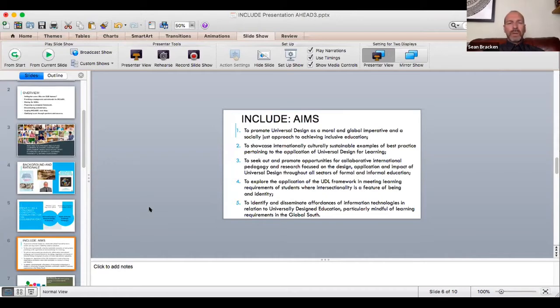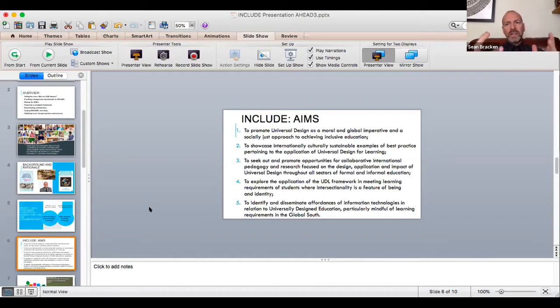So what are our aims? And these were shared with colleagues at the 4th Universal Design for Learning Pan-Canadian Conference in October of last year. So our aims were to promote universal design as a moral and global imperative and a socially just approach to achieving inclusive education, to showcase internationally culturally sustainable examples of best practice pertaining to the application of universal design for learning.